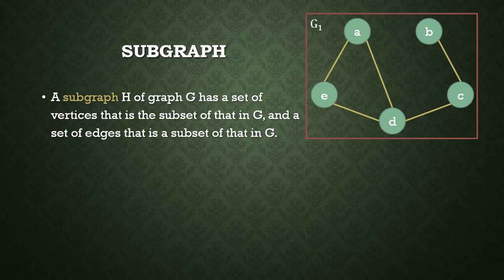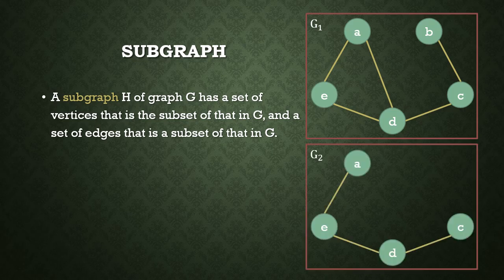Subgraph. A subgraph H of graph G has a set of vertices that is a subset of that in G and a set of edges that is a subset of that in G. So I have a graph G1 here. Now look at the graph G2. All the nodes that are present in G2 are also present in G1.